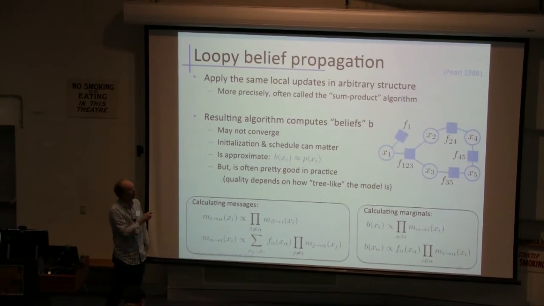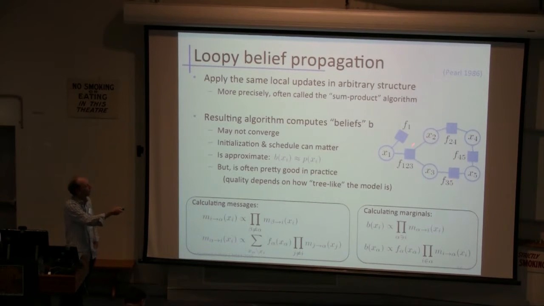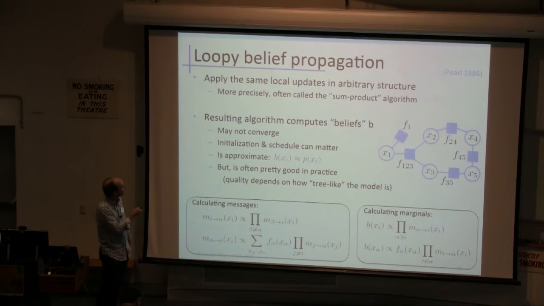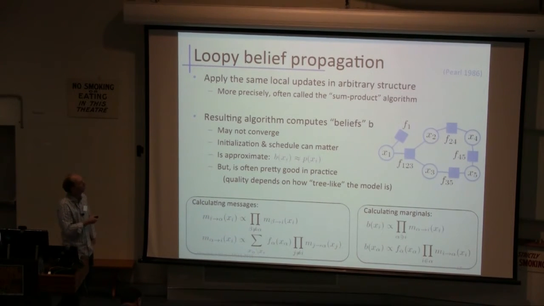Since it's now no longer tree structured, you have cycles, and so the system may actually not converge. This is just a set of fixed point equations that describe your update procedure. And because of this, the initialization of the system and the schedule of updating can matter quite a lot.